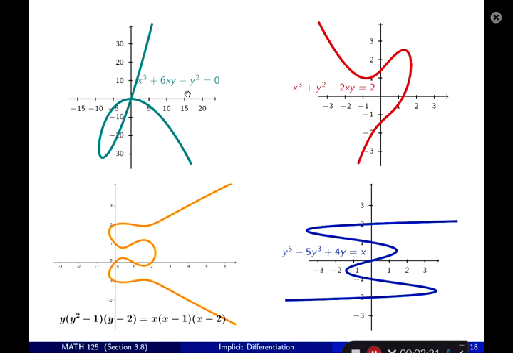Over here you can solve for y. The equation is a quadratic equation in terms of y. If you take y as the unknown variable and x to be a constant, then you can solve this quadratic equation for variable y, and same over here.